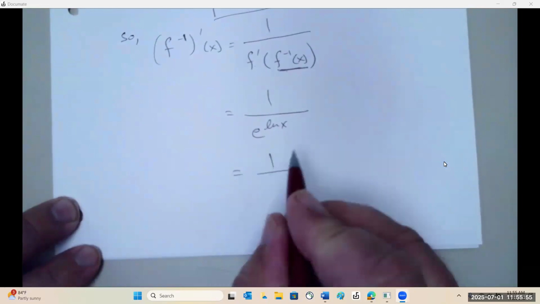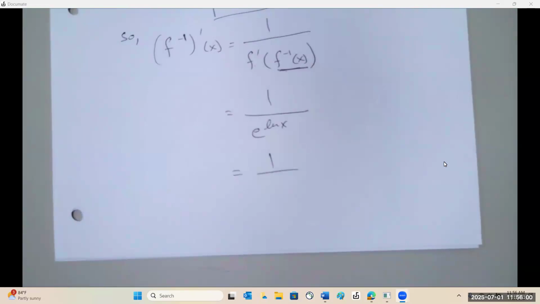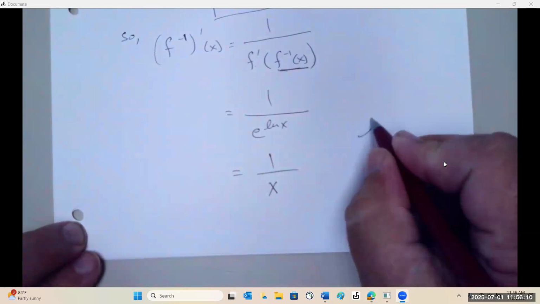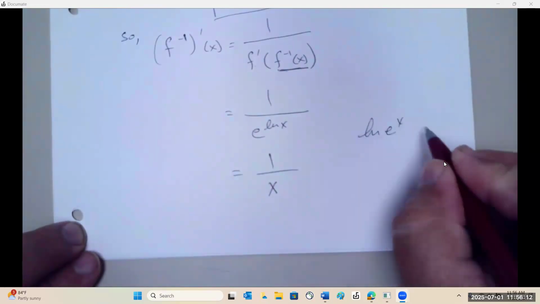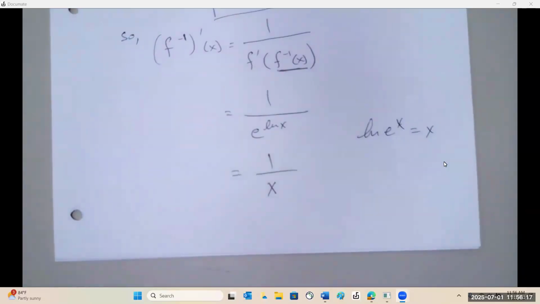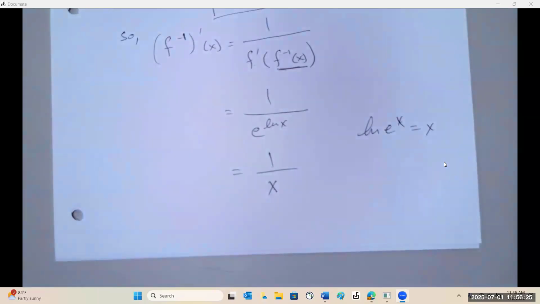What is the value of e to the power ln x? x. The same thing as if I took the ln of e to the power x, it would also be x, because they're inverses. They have to give you the same answer. So that's using our formula.